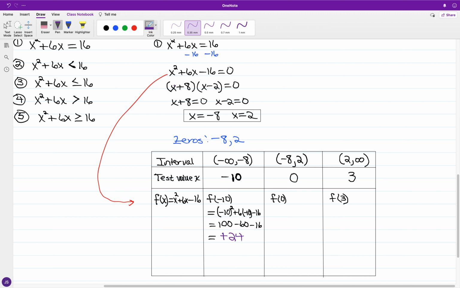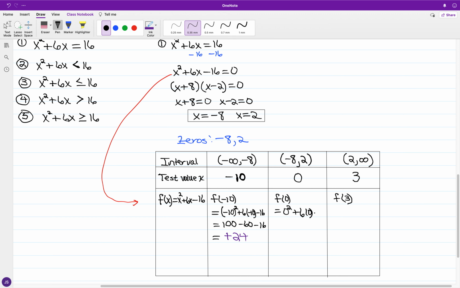Now for f of 0, you're going to have 0 squared, that is 0, plus 6 times 0, and minus 16. You got 0 plus 0 minus 16, so this output is going to be negative 16.